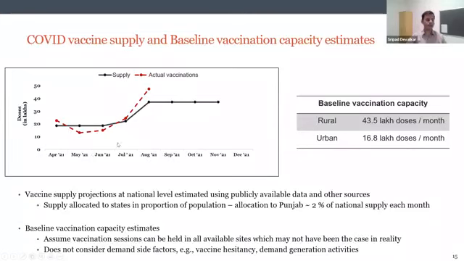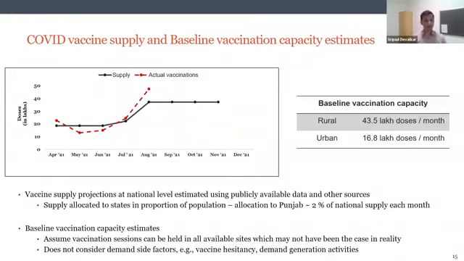So for the first 3 months, April to June, the supply was estimated at about 20 lakh doses per month. It increases slightly in July, and starting August, the supply was estimated to be close to 40 lakh doses each month, indefinitely into the future.